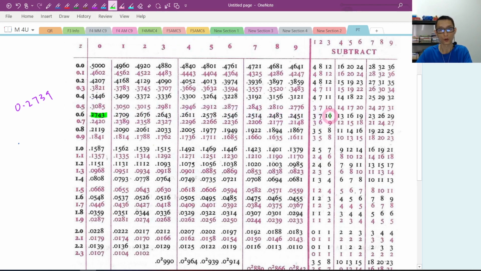We want to search for 4, but we don't have 4 here. We just choose a number which is very close to it. So here I'm going to choose 3. So our answer will be 0.601.